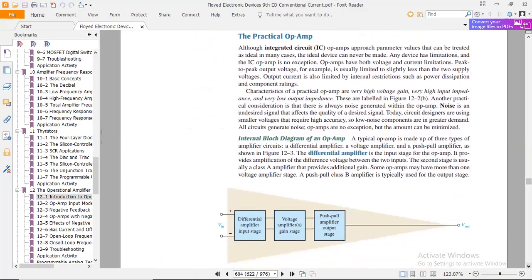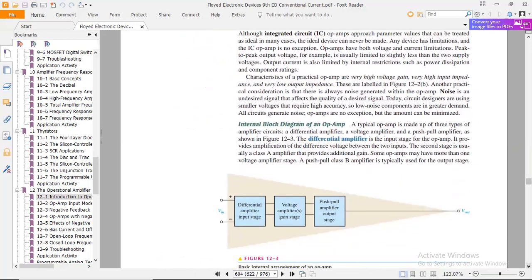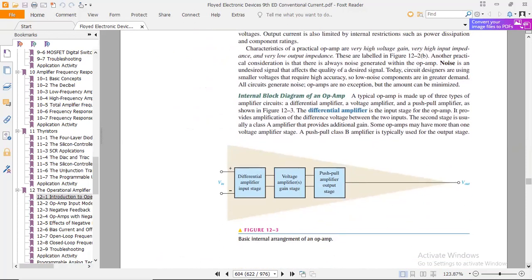We have already discussed the noise aspect: how important noise is in an op-amp, why we try to remove noise, and why we cannot eliminate noise completely from the op-amp.